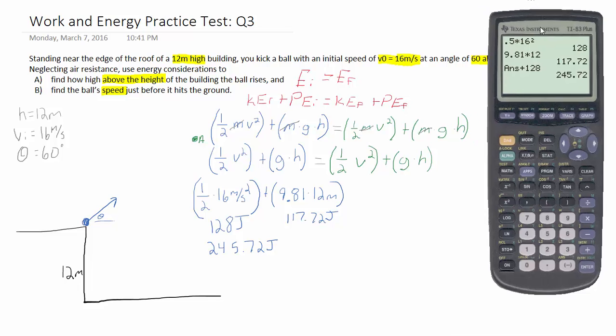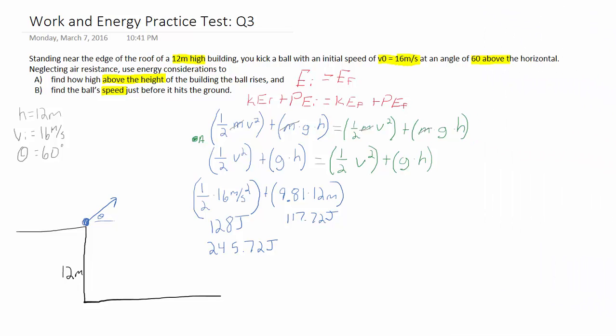All right. So now let's work on the other side of this equation. So this side equals 245.72 joules, and this side is going to equal 1/2. So what I was talking about here is when the ball gets up here, its only velocity is going to be in this direction. We aren't going to have any velocity up or down when it's at its highest point.